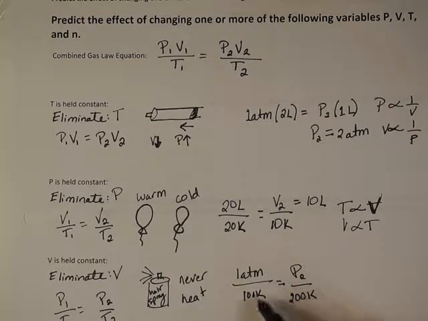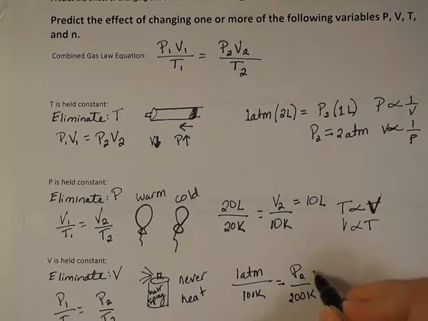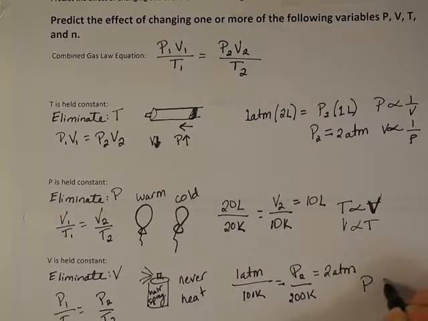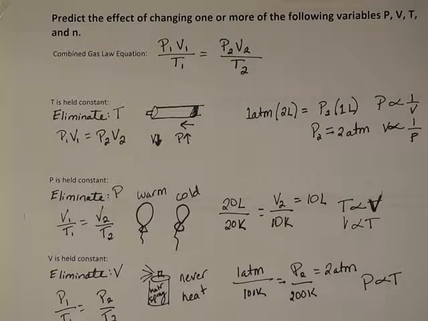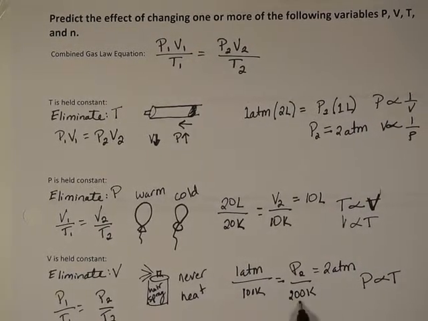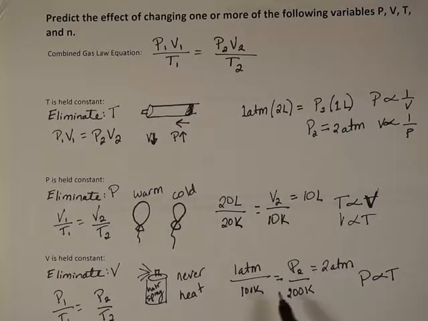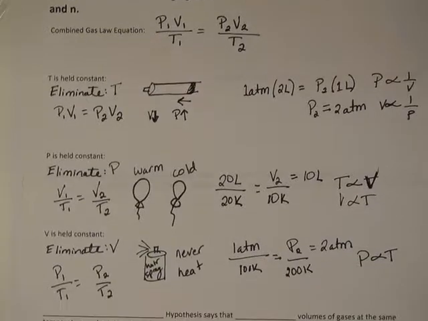In order to keep this side equal to this side, the pressure must be 2 atm. Again, pressure and temperature are directly proportional, meaning that if our temperature goes up, then our pressure is going to go up. If our temperature went down, our pressure would also go down.